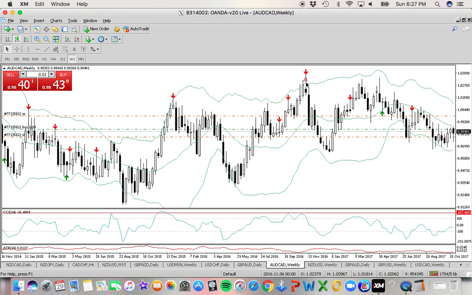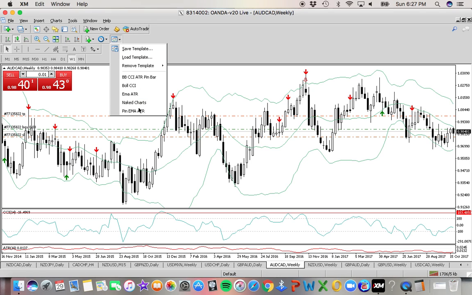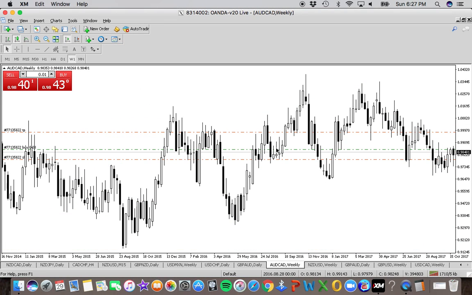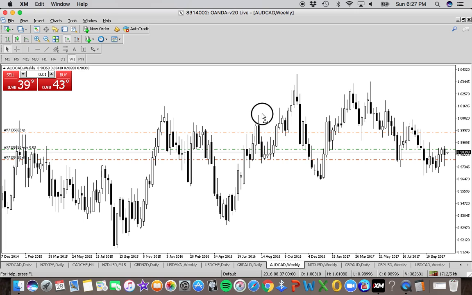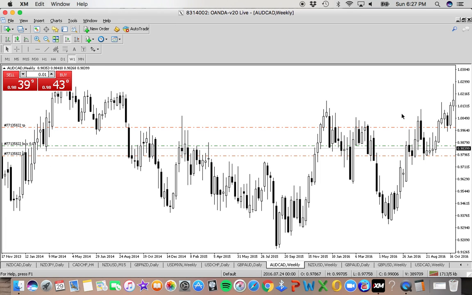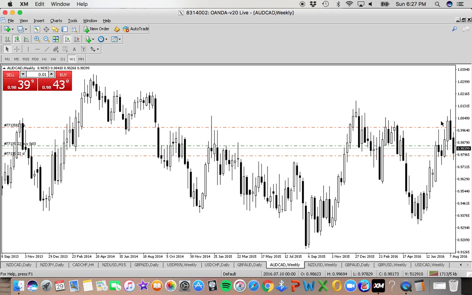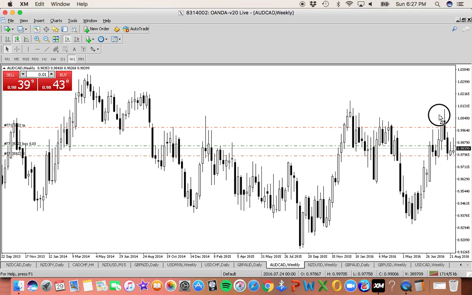That's the reason why sometimes I look for pin bars that break bands, because usually you start off with the naked charts. Just imagine you were here and this is all you see.